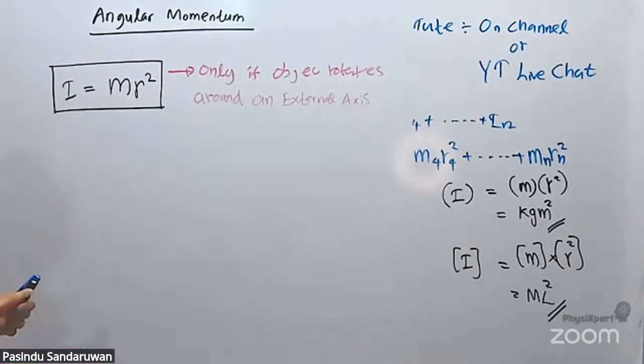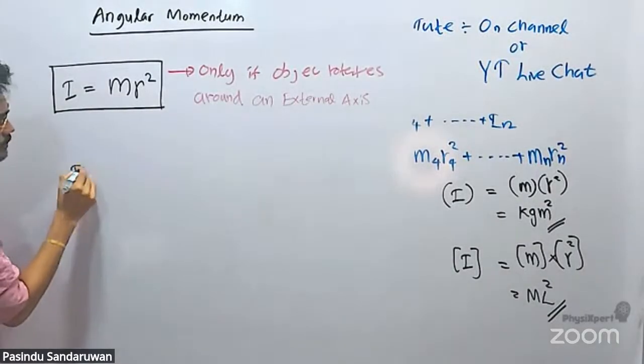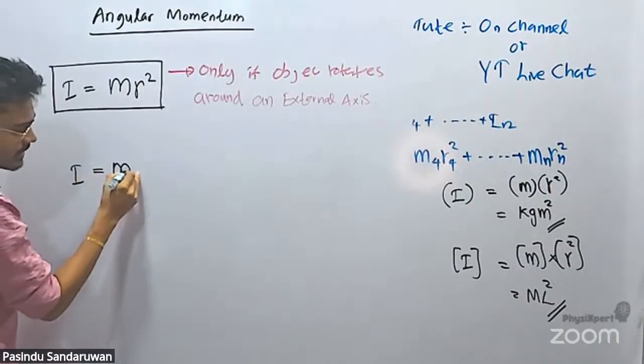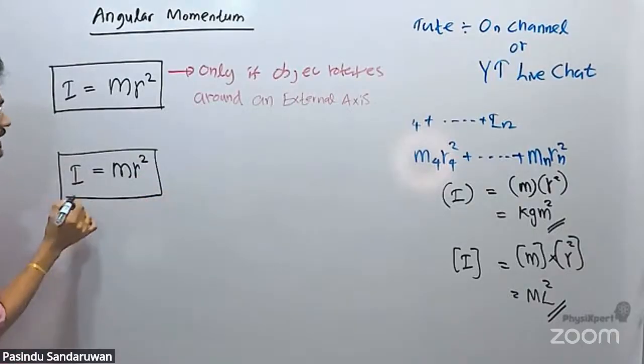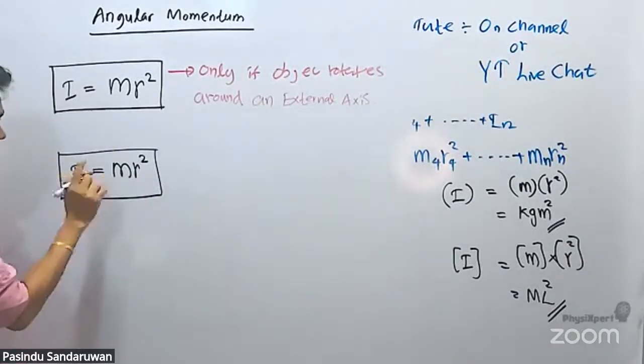So when we are using this for an internal axis, we make a small change. There will be a coefficient that we can't find anyway.